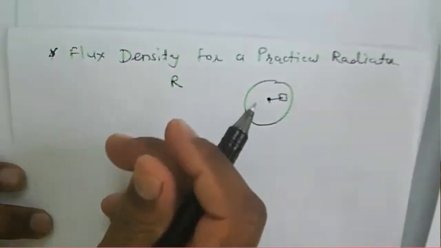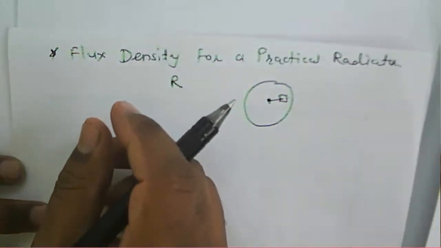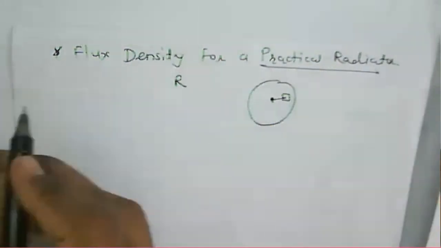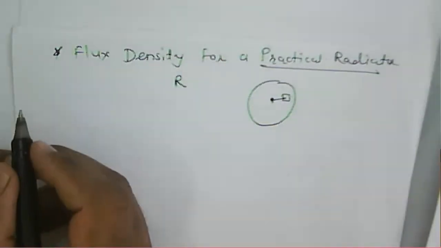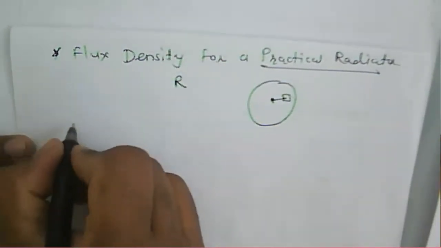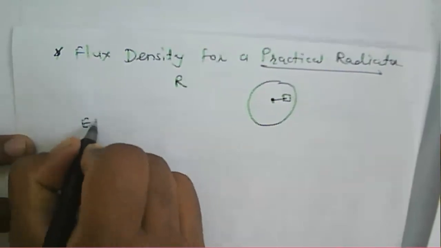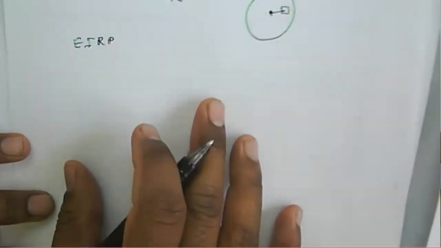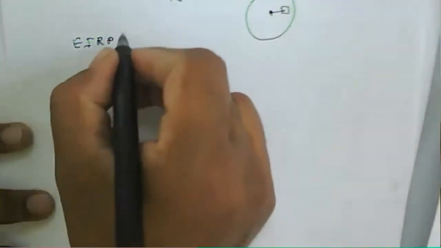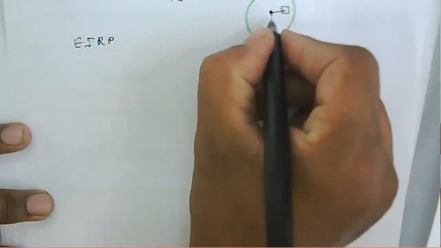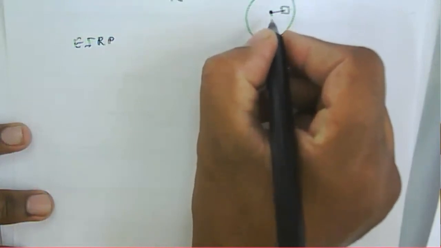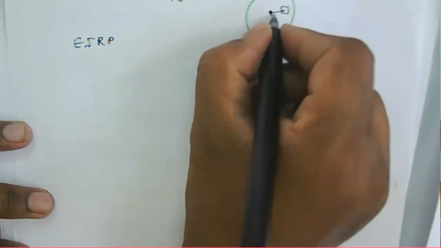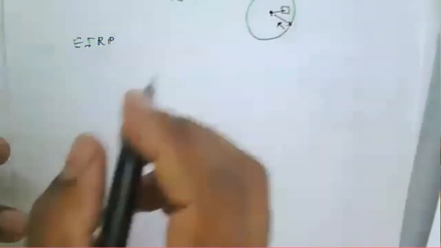But in the case of an earth station, or we can say for a practical radiator, the total power radiated will be given in terms of EIRP, effective isotropic radiated power. So the total transmitted power is nothing but what the source transmits, which will be the effective isotropic radiator, at a distance r.